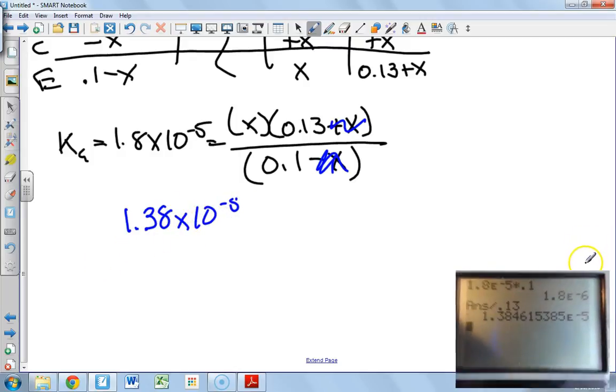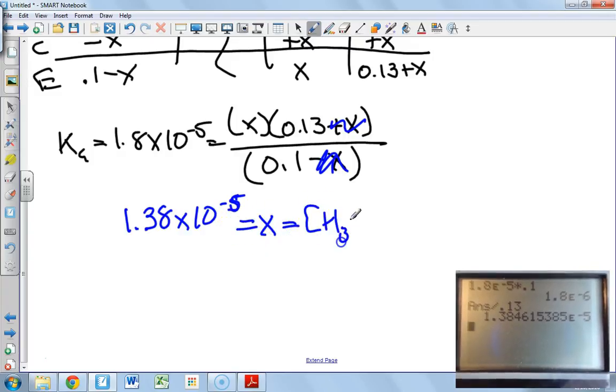Don't forget the times 10 to the minus 5 that's over here. That's something people don't remember, so just make sure you know that it's there. That equals x, which also equals the hydronium ion concentration.